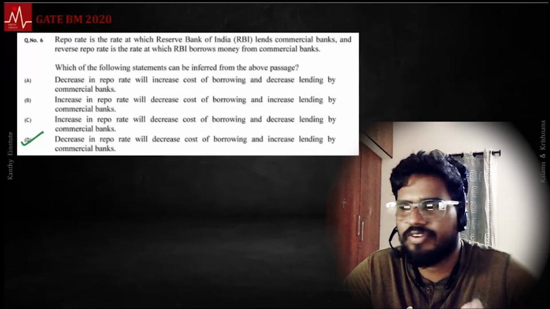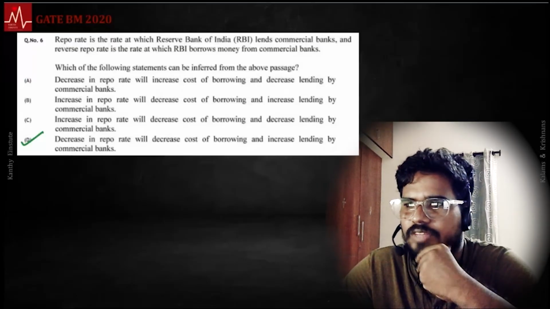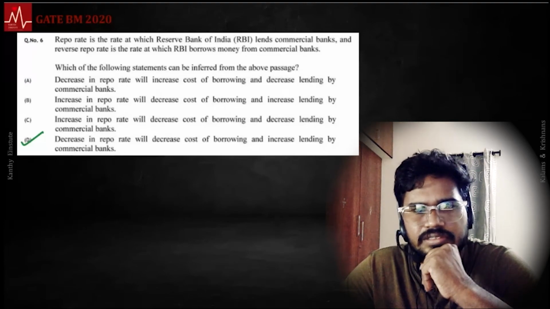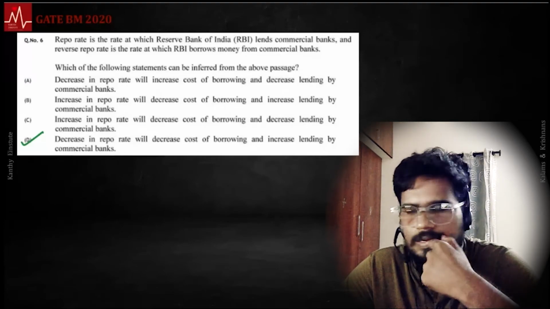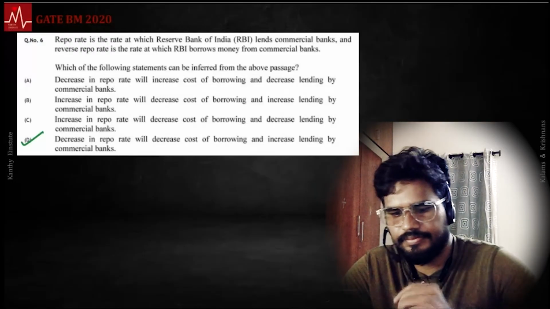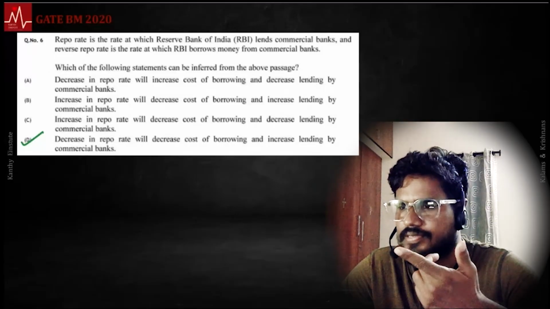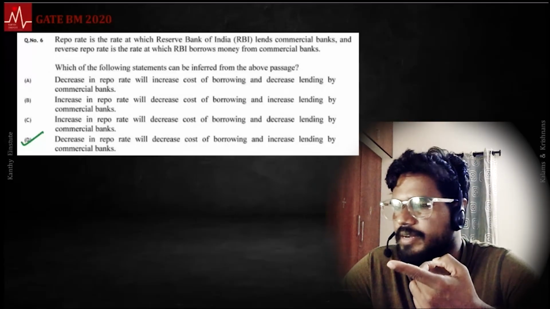Repo rate is the rate at which my friend is giving me money. So if the cost is less, I will borrow more. Cost is high, I will borrow less. Agreed? Can we move on? Or is it B, did I make a mistake here?